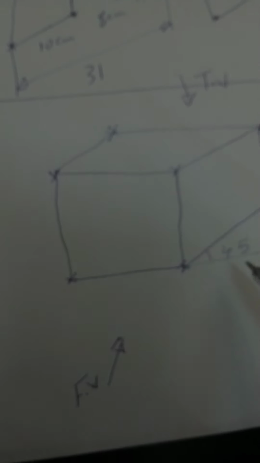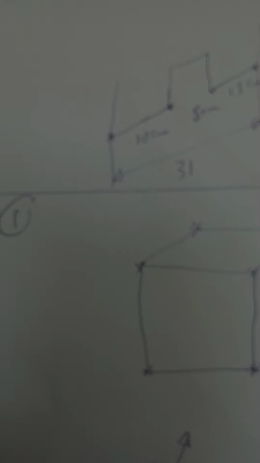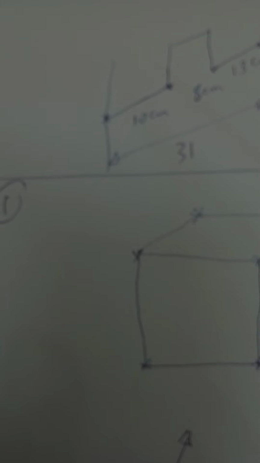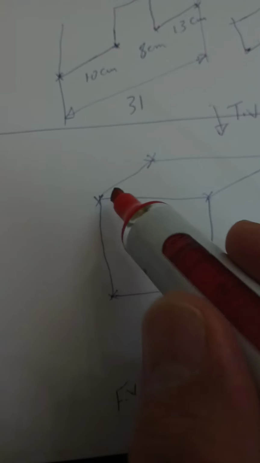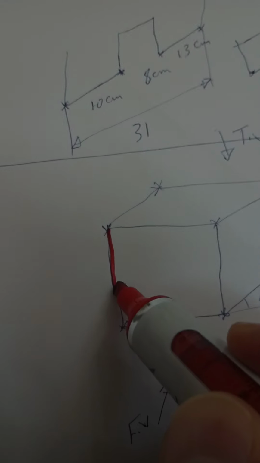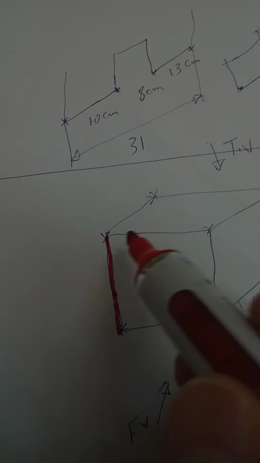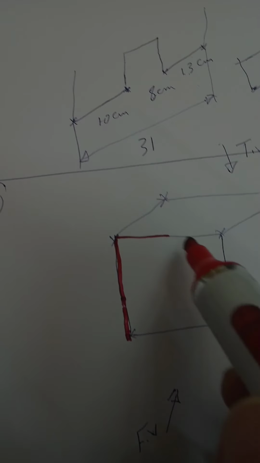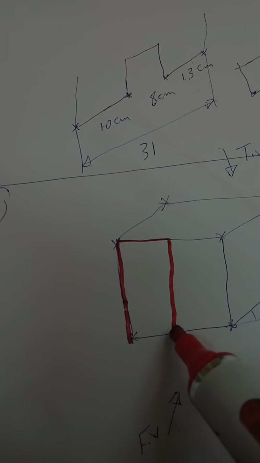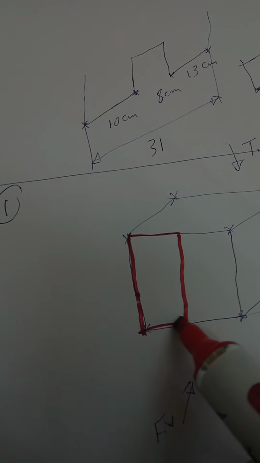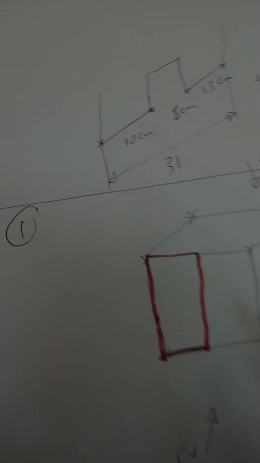Let us now draw the front view of a given shape. This is the front view. Let me use a red line to show you. Now let us draw the first part of the shape.